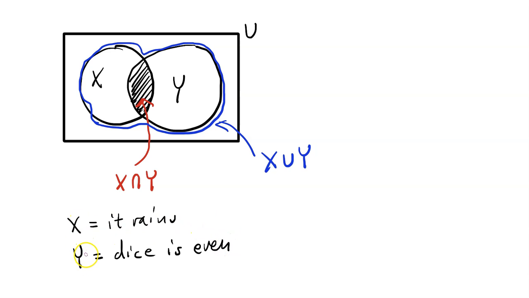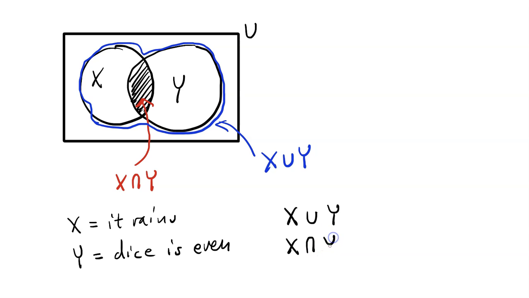So we represent these 2 events: x it rains, y it's even. If at least one of these will happen, then we know that x union y will happen. So if it rains, or the die is even, or both happen, then by definition this will happen. So that's the meaning of x union y.